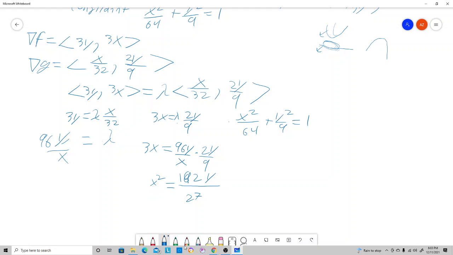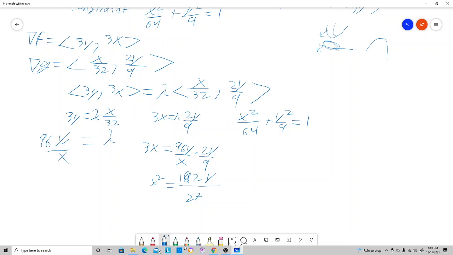Okay, so now this is good because look, I'm saying that x squared is equal to this function, to this equation, and now I can substitute x squared. Look, we have an x squared right here, so we can substitute all of this into here and have everything relate to y. So now we can solve what y is.